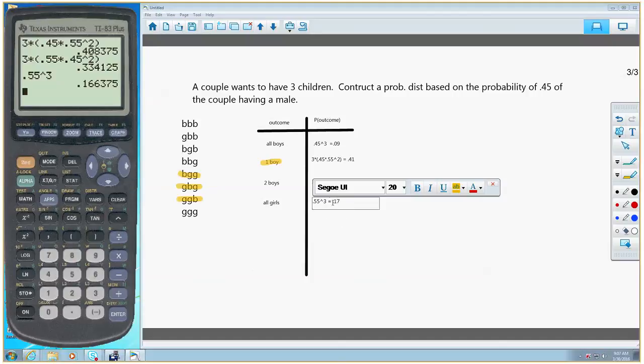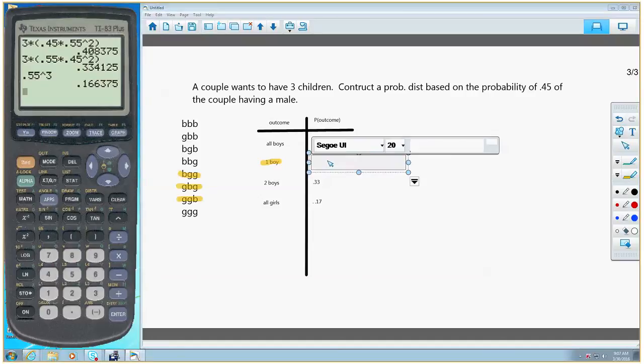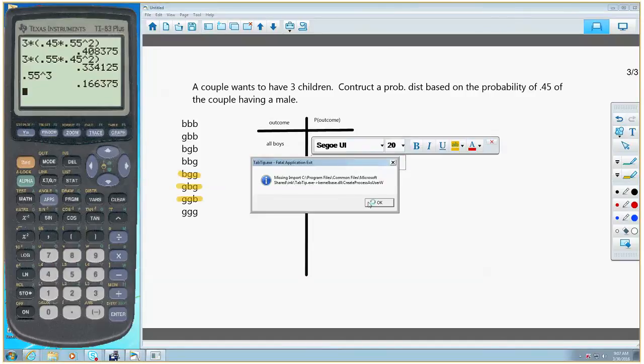Now, let's take these out. Take this calculation out. Let's take this calculation out. Let's take this calculation out.